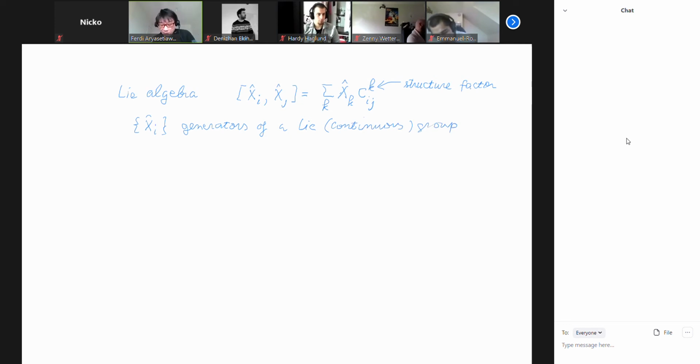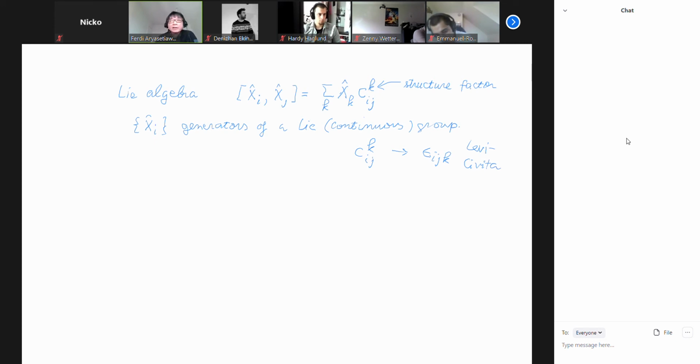So for example, if we look at angular momentum, this structure factor, this k_ij, would then correspond to the Levi-Civita symbol, epsilon_ijk. That's an example.